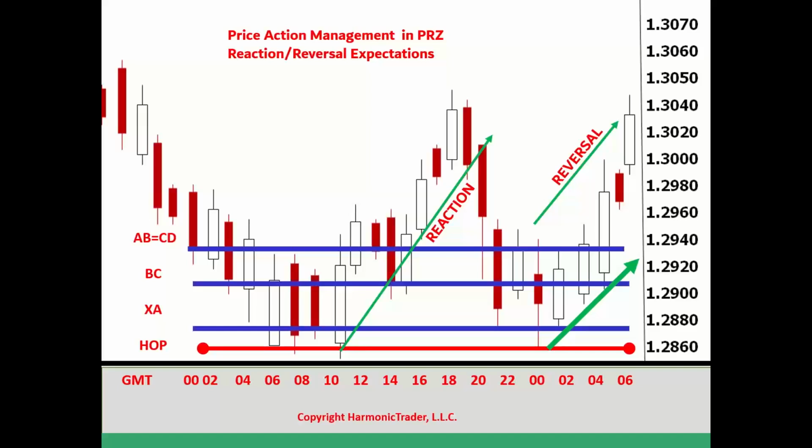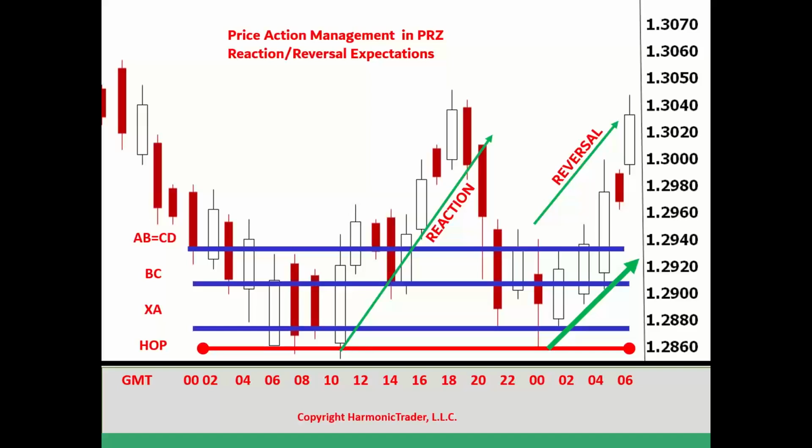We're going to look for some of the other confirmation methods from a management perspective that help tell us when we have a reaction and when we can expect a reversal. Remember, yesterday we talked about complex and impulsive indicator structures, and how those formations have certain expectations.